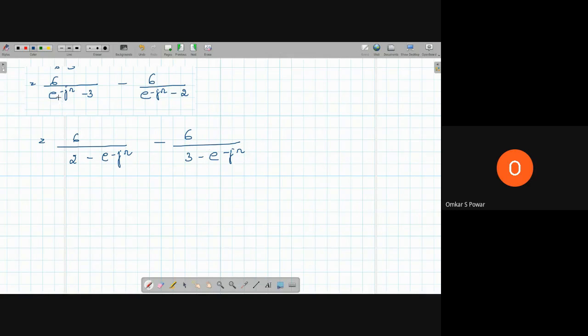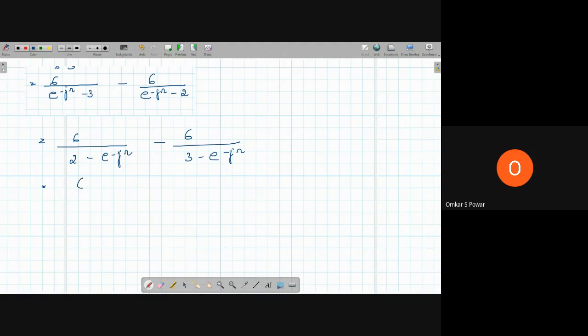Always make sure that this e power minus j omega goes to the right side, and these numbers come to the left side, so that we can express in terms of 1 by 1 minus a e power minus j omega. So again, how can I simplify this one? It should be in the form of 1 by 1 minus a e power minus j omega.